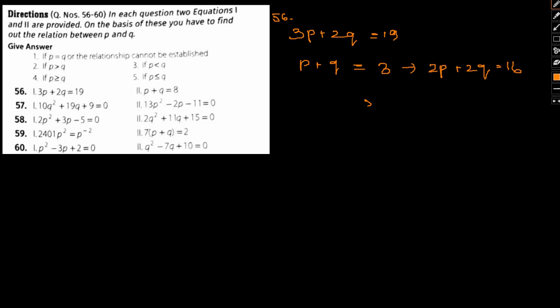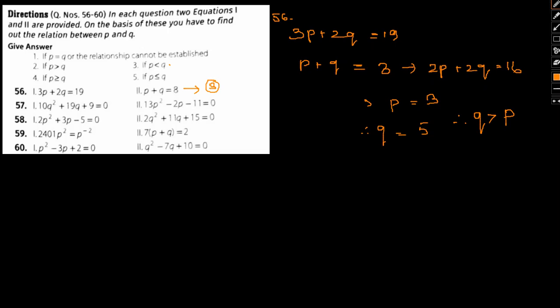So p will come out to be 3, and therefore q will come out to be 5. So here for number 56, q is greater than p. So for 56, option 3, that is this one, q is greater than p.